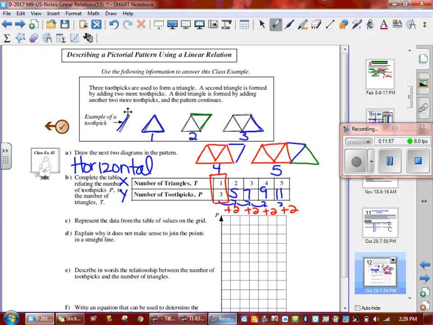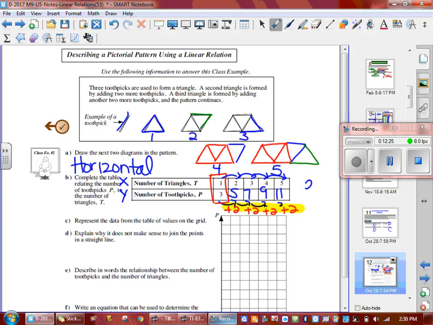Well, if you take a look, what do you notice the pattern on the bottom is? +2. Okay. So on a horizontal table of values, the number we find on the bottom is going to be divided by the number we find on top. What are the numbers we're adding on top? They're adding by 1. So we're taking 2 divided by 1, which is 2.